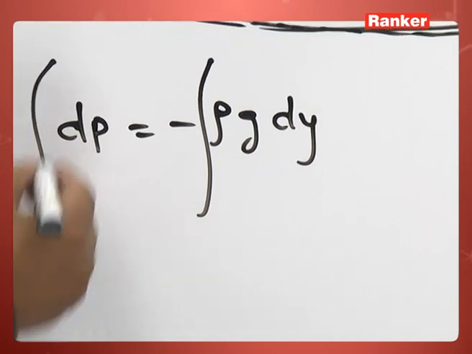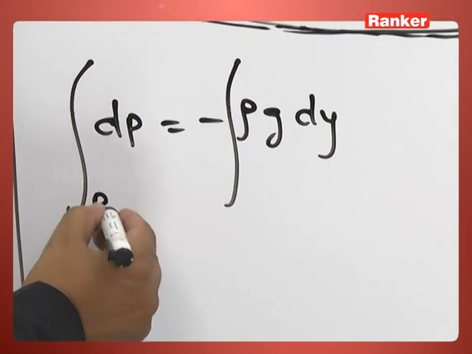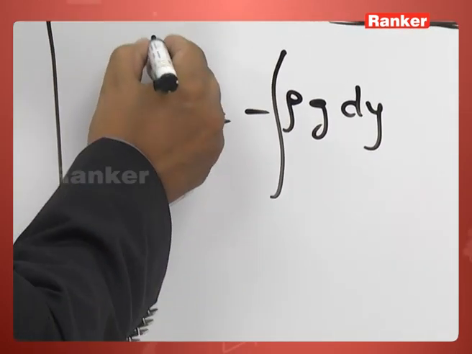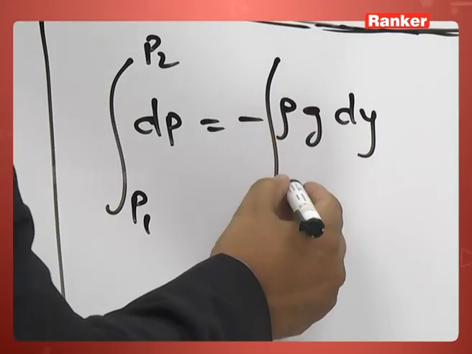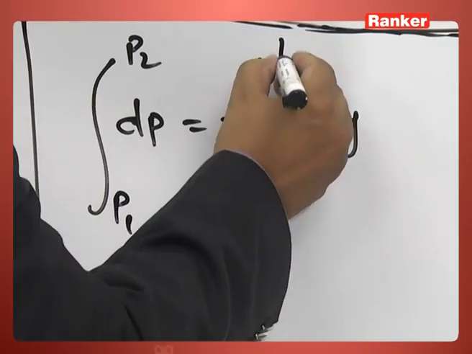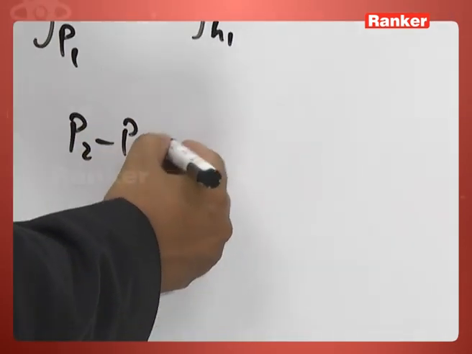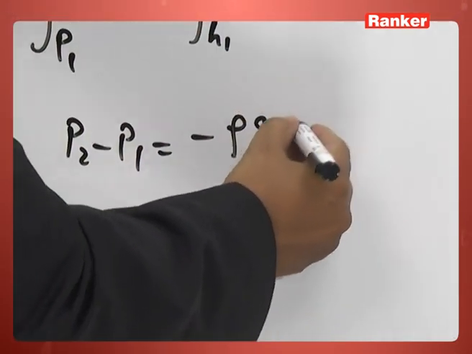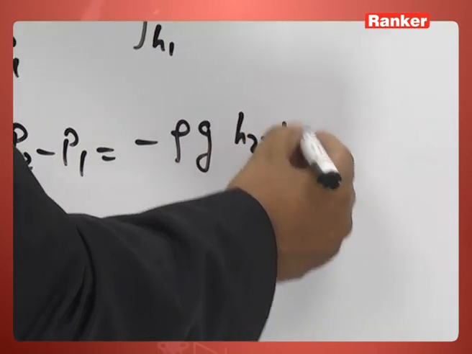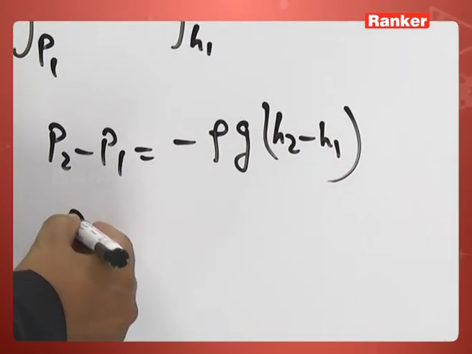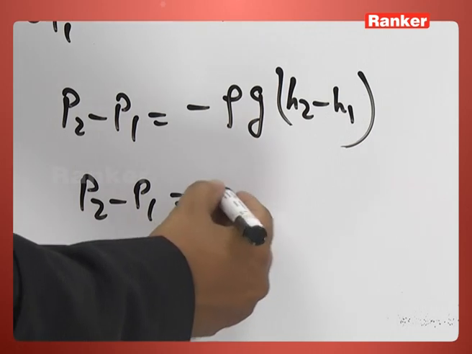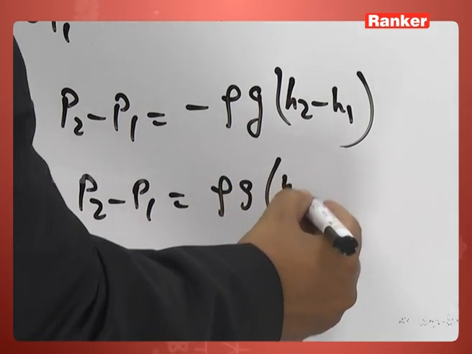Suppose initially the pressure is P1 and the final pressure is P2, at heights H1 and H2. So, P2 minus P1 becomes minus rho g into H2 minus H1. So, we have P2 minus P1 equal to rho g into H1 minus H2.